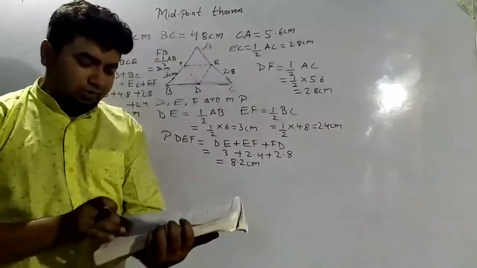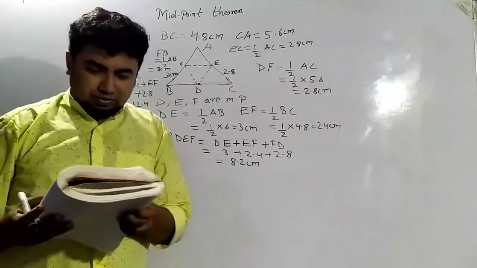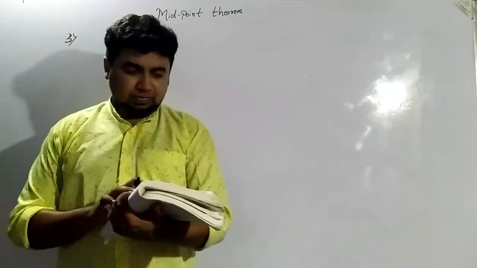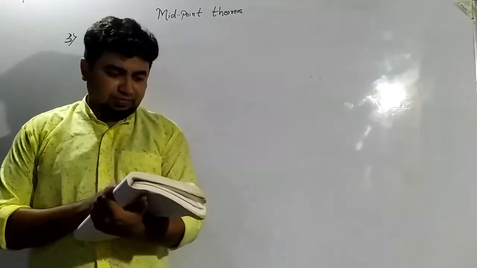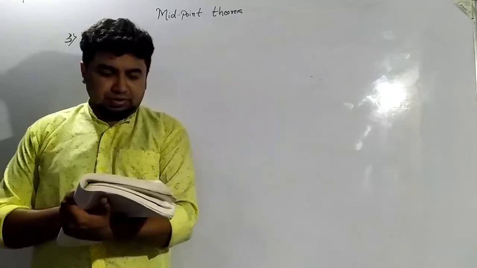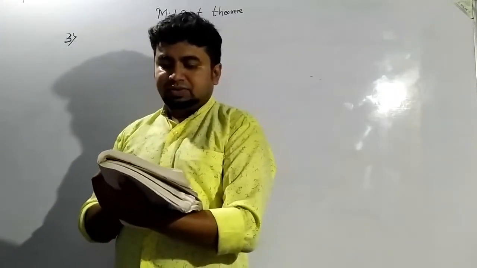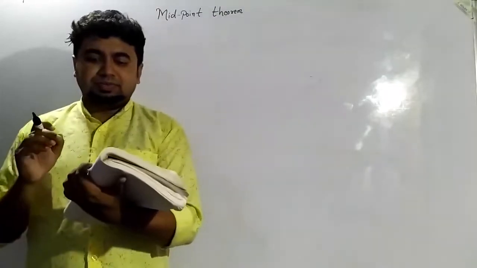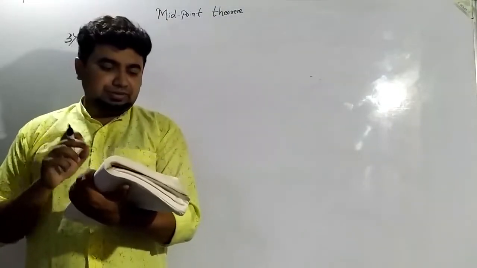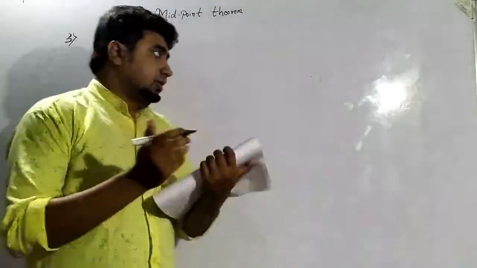So this is question number 1. Now we'll be discussing question number 3. If D, E and F are midpoints of sides AB, BC and CA respectively of an isosceles triangle ABC. Means an isosceles triangle is given to us. ABC is an isosceles triangle.